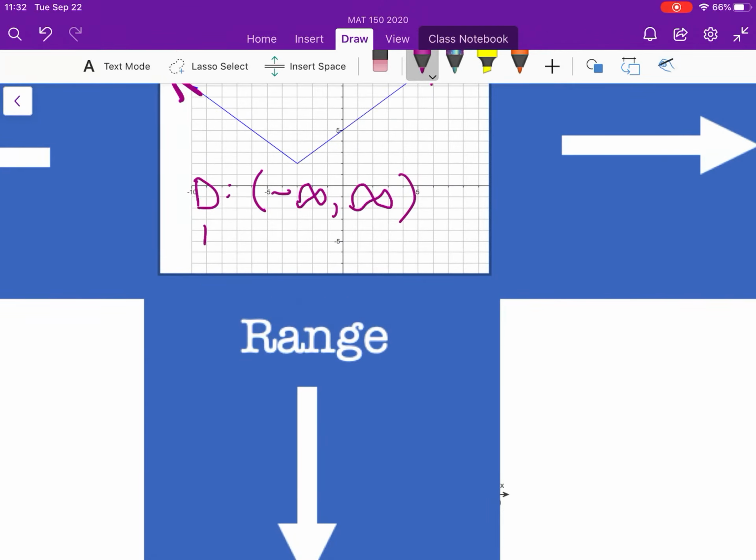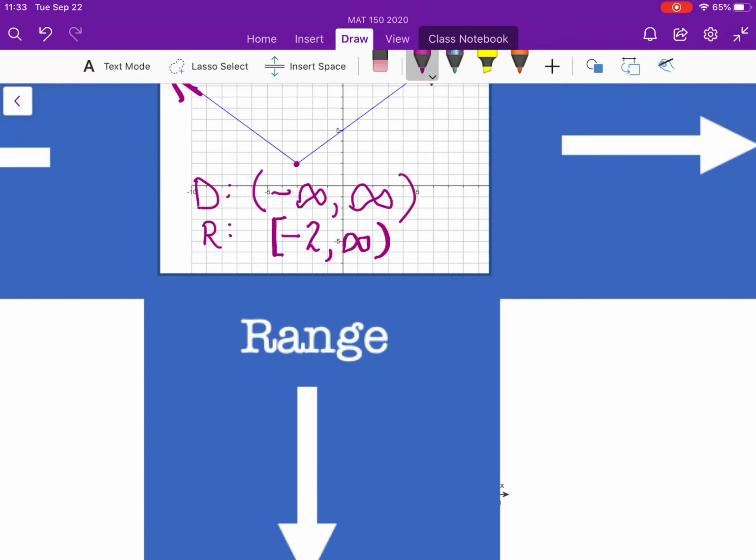So for the range, I would write from -2 to infinity. Now, here's where the question comes in. How do I know if it's a parenthesis or bracket? If there's an actual point there, so there's not an open circle there, okay? There's not. It's also not an asymptote, so that means that there's an actual point there, which means that it is included.